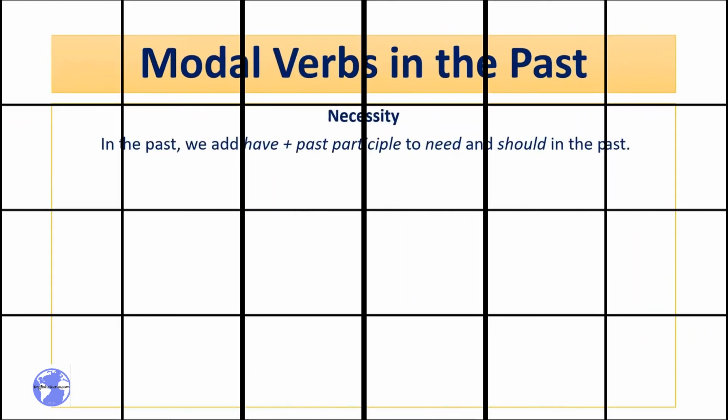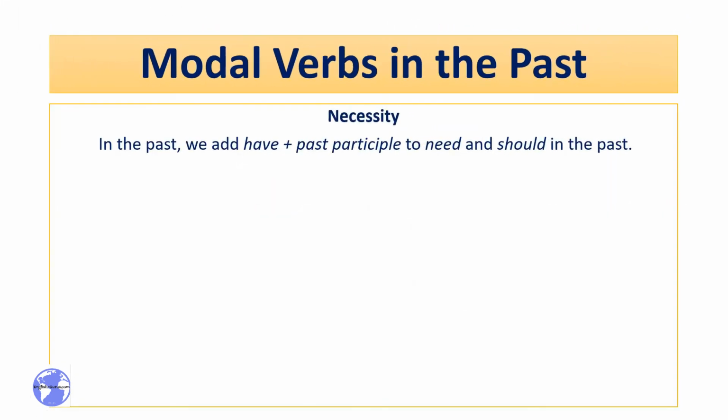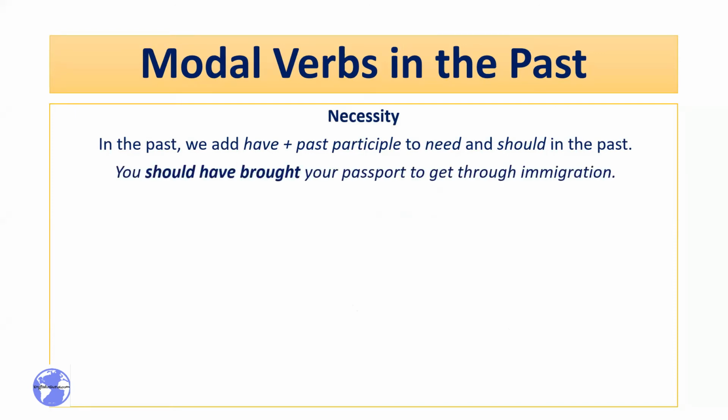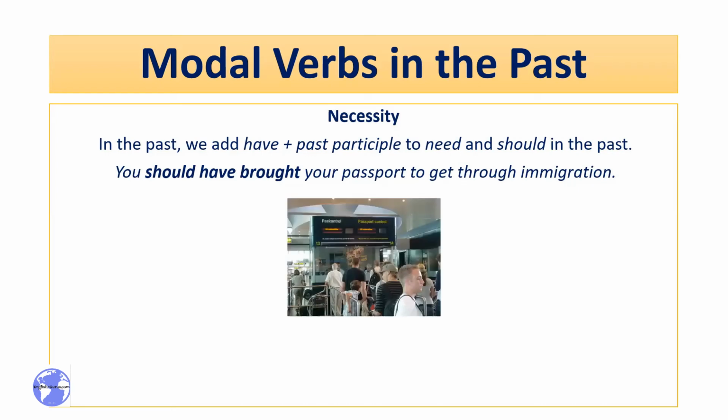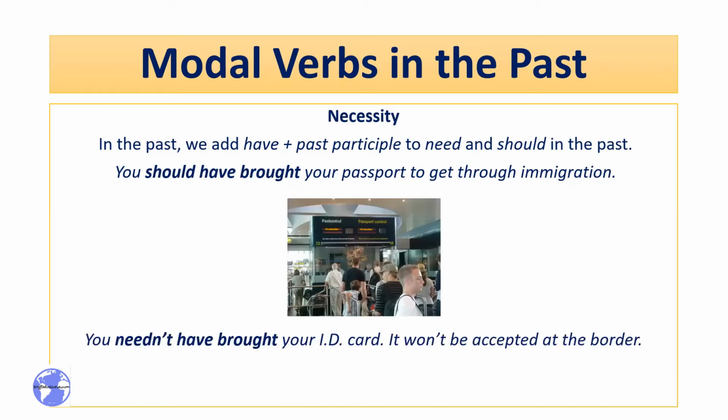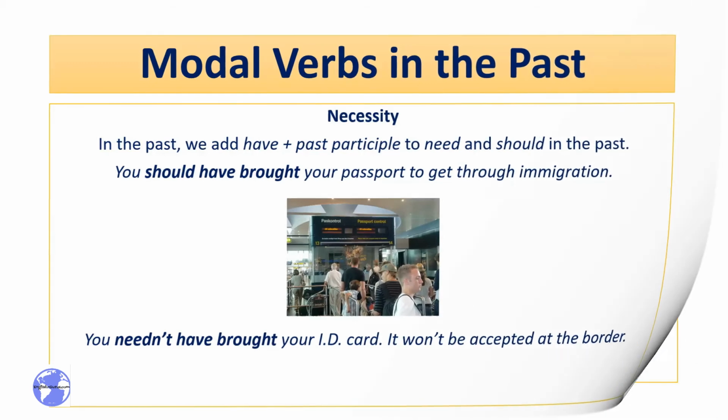In the past, for necessity, we add have plus the past participle to need and should. For example, you should have brought your passport to get through immigration. Or you needn't have brought your ID card, it won't be accepted at the border. Again, be careful of those past participles. Brought is the participle of the verb bring, an irregular verb.